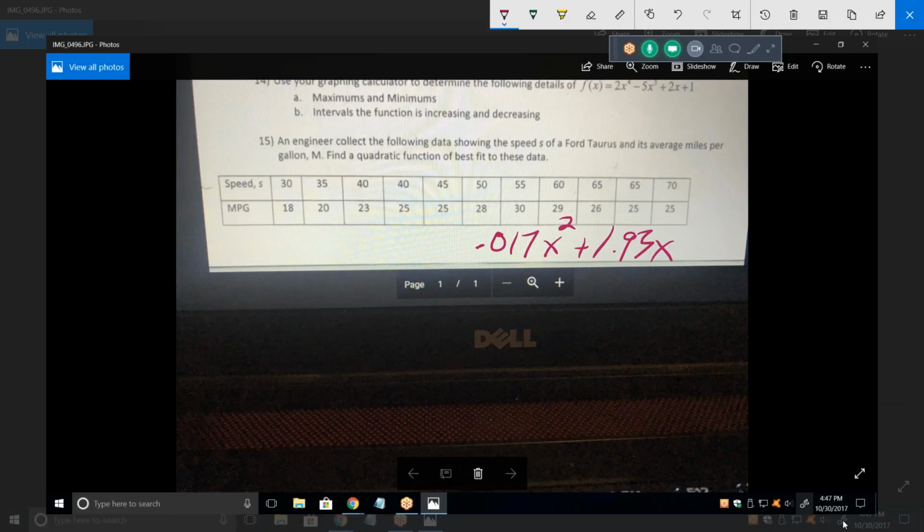Okay, so it was a negative 0.017 x squared, 1.93x, got that, and then plus negative 25.3. Don't need the plus sign there. Minus. So there's our equation.